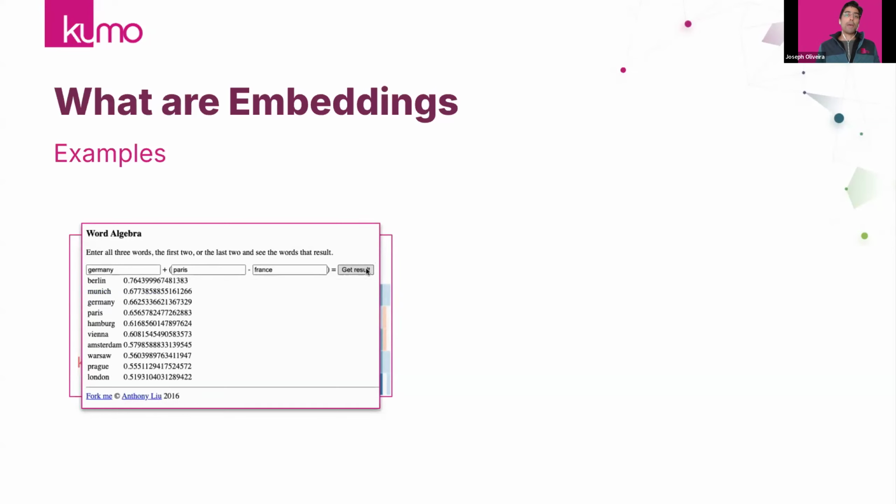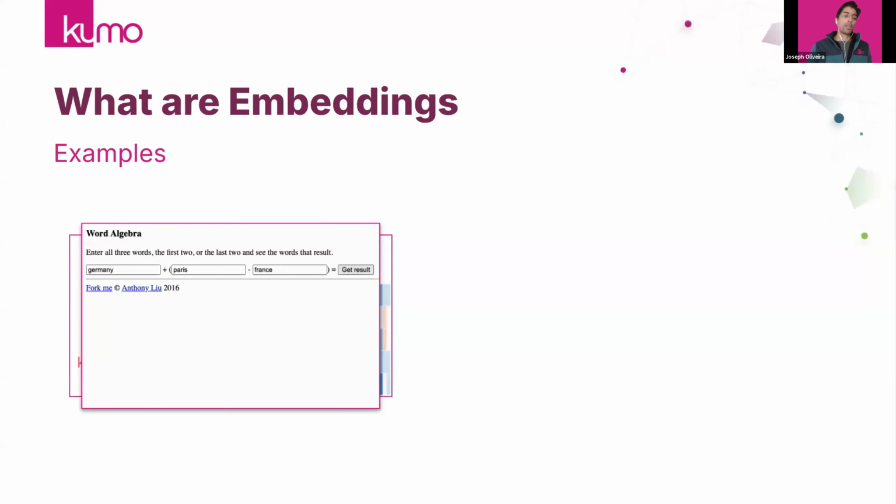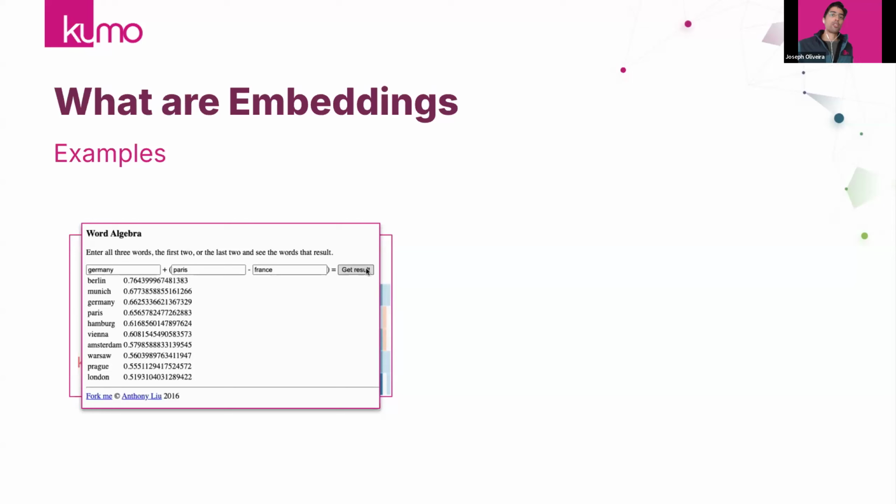Again, these embeddings of words are capturing some of these higher level concepts about what it means to be a city, a capital city, a country. And doing this kind of algebra lets us approximate other embeddings that are close to the resulting algebraic equation.